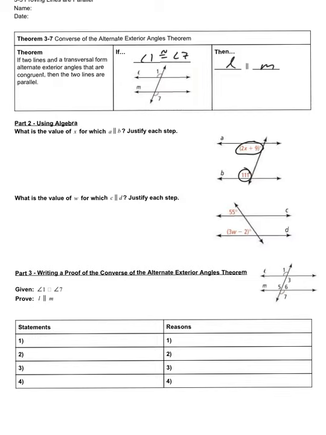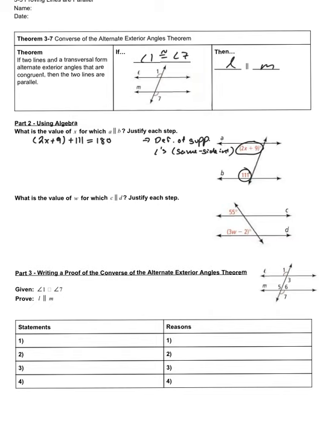So I have to add 2x plus 9 plus 111 and set it equal to 180. That's because that's the definition of supplementary angles, and these are same side interior angles, okay? Because same side interior angles are supplementary.